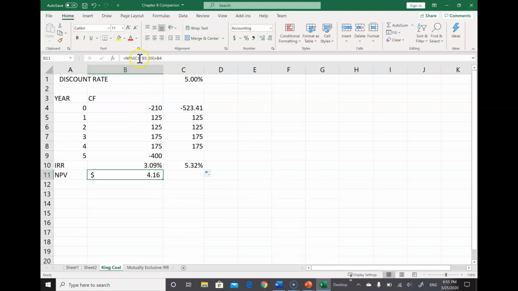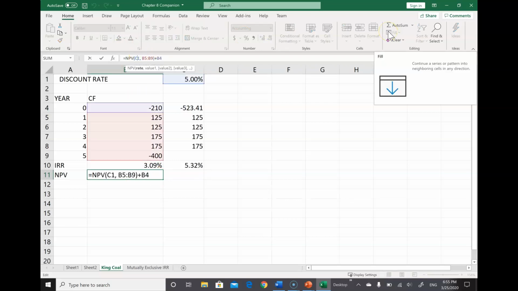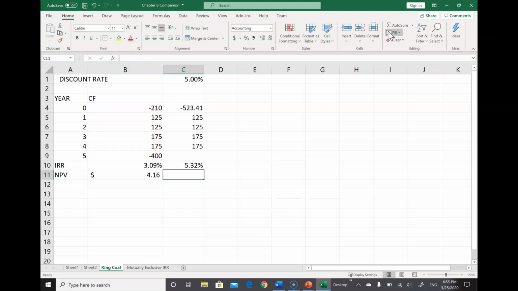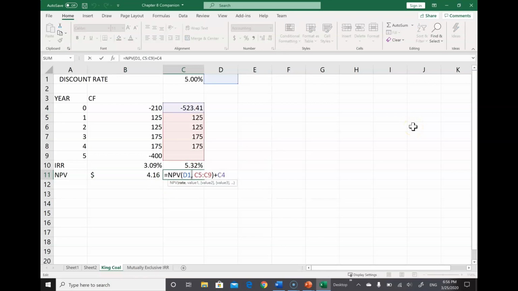So in case of NPV, I will calculate the NPV using C1.